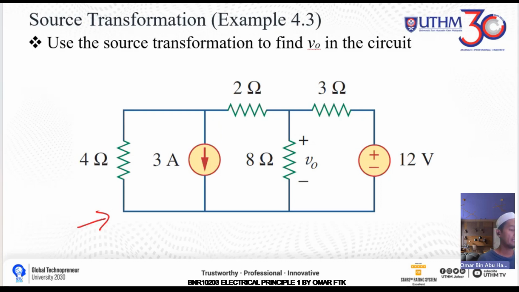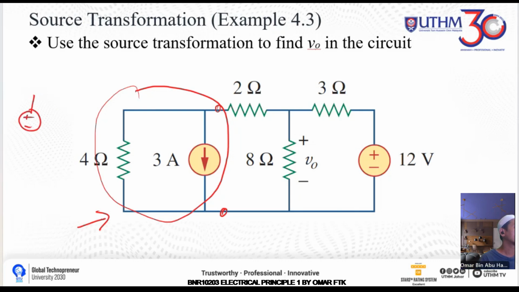So it's easier to transform this one into a voltage source in series with a resistor. That means this part, the current source and the resistor, we can change into a voltage source like this.